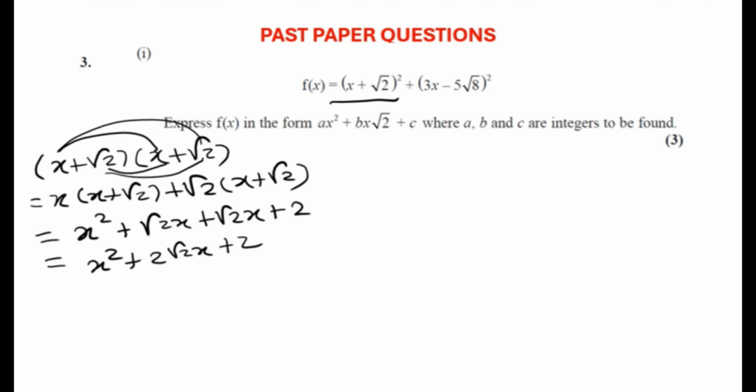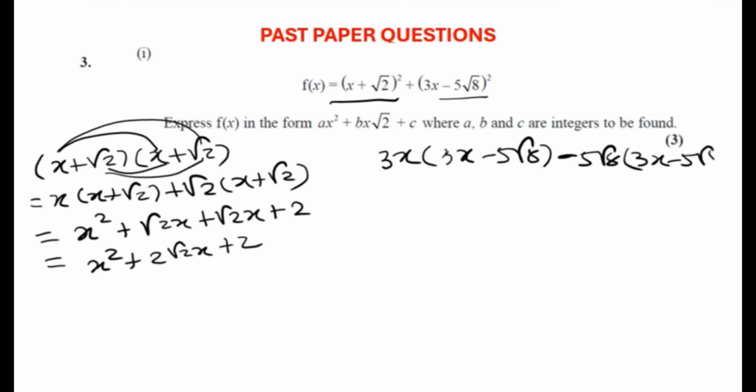Now we've simplified this part. For that, 3x into 3x minus 5 root 8, minus 5 root 8 into 3x minus 5 root 8. So I multiply the first term in the bracket, then the second term in the bracket.